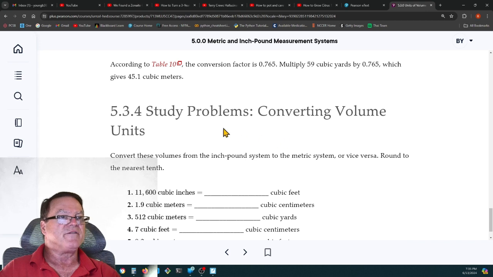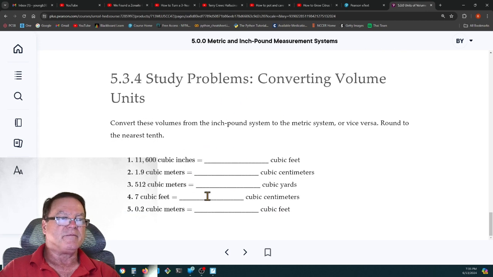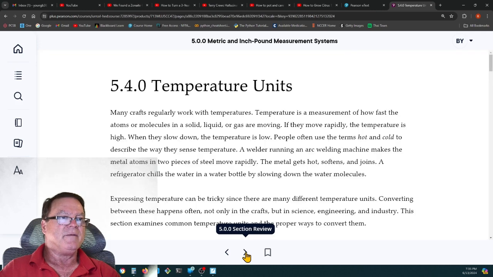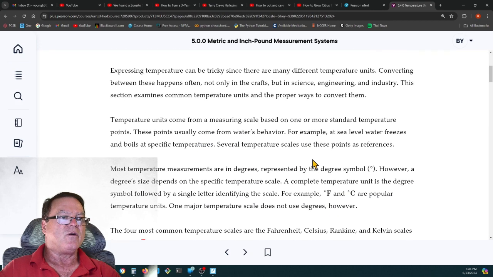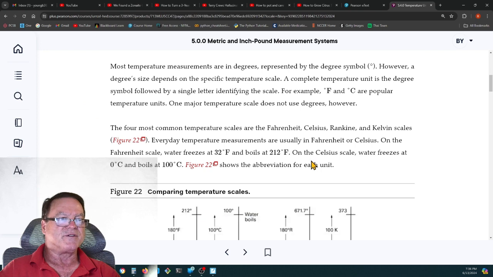Study problems converting volume units. Again, if you don't have that chart, I'm not sure exactly how you'll be able to do those conversions.